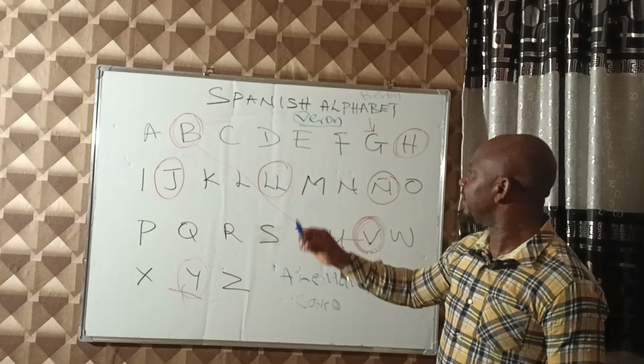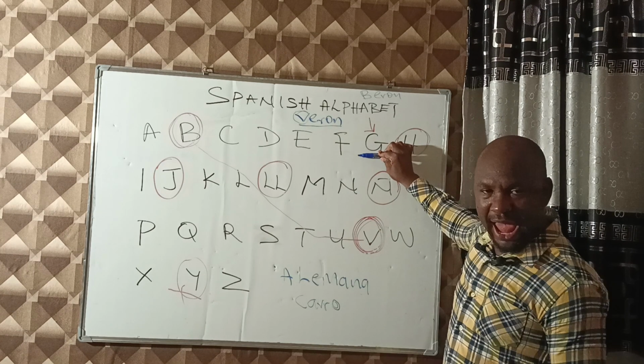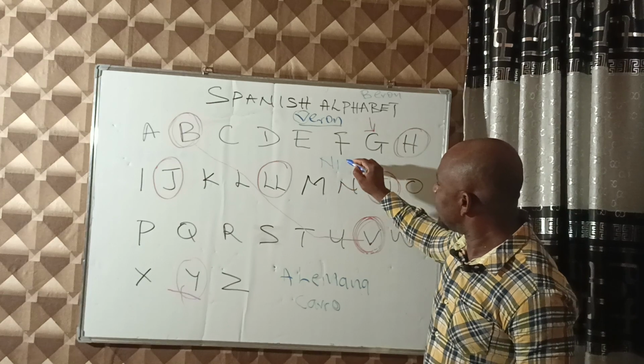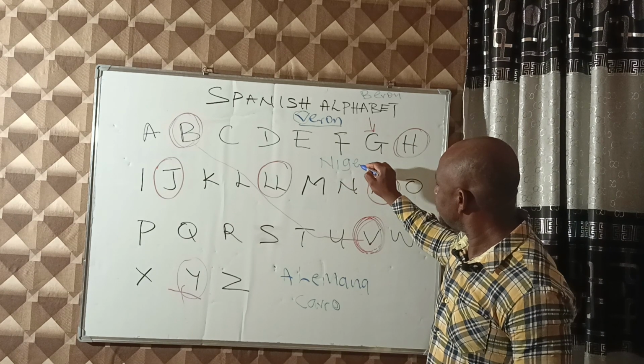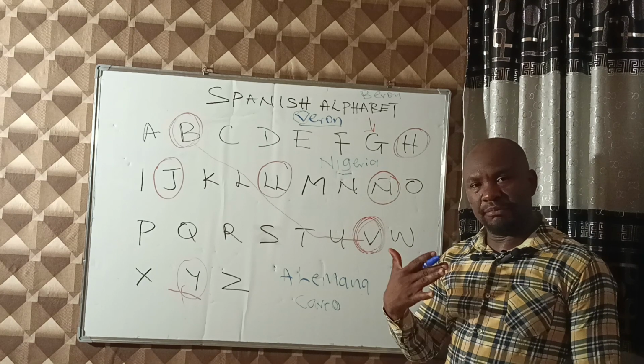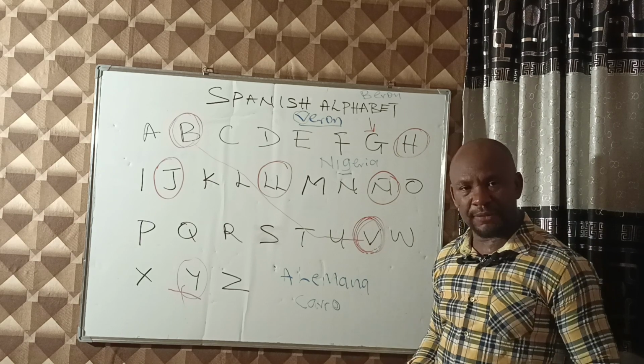Now, the next thing is you have the jota. For example, you have Nigeria. Nigeria, you see? And this is not a formula because it varies, it could change.